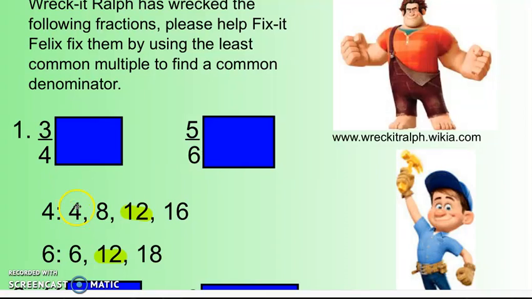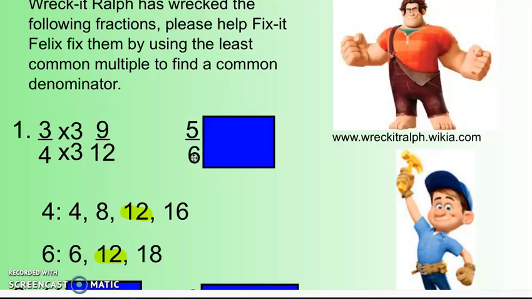Well, I multiplied 4 times 1 here, 4 times 2 here, and this was 4 times 3. So we're going to multiply the numerator and the denominator by 3. And if we multiply by 3, we get 9/12. So 3/4 and 9/12 are equivalent.